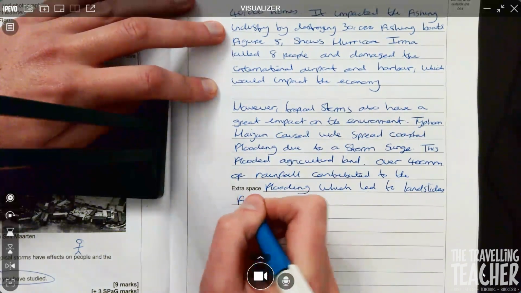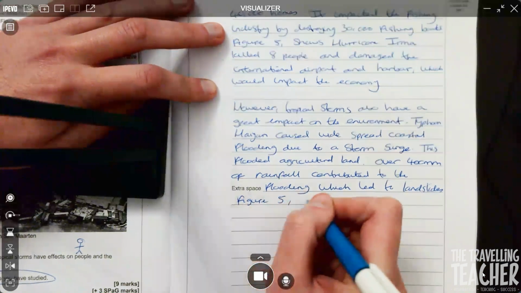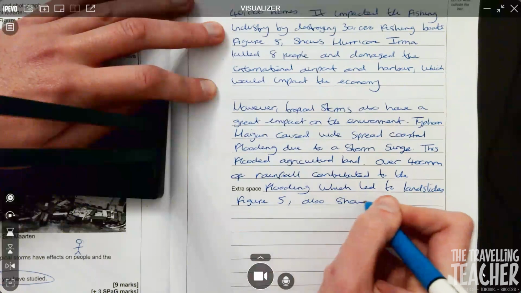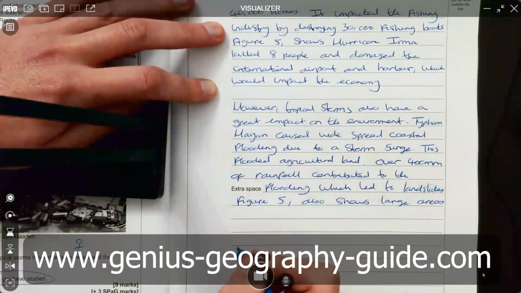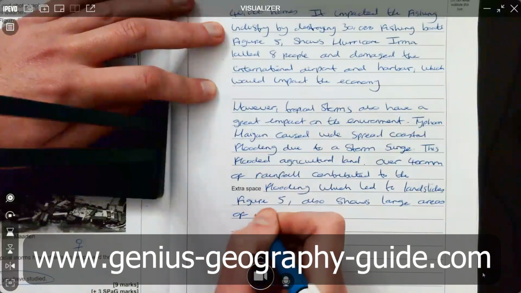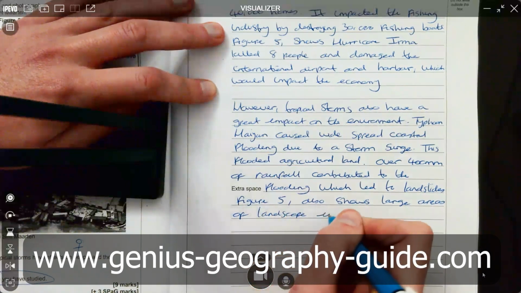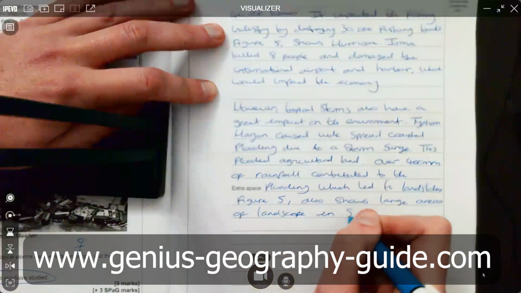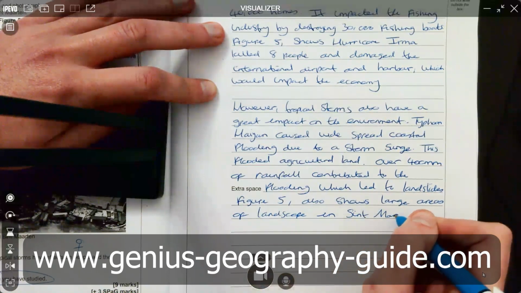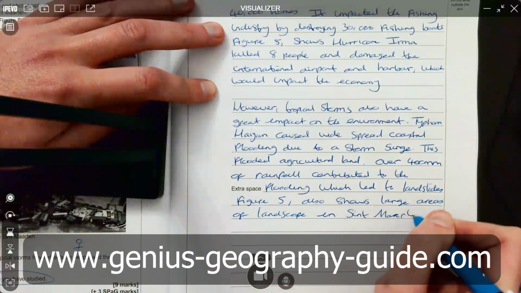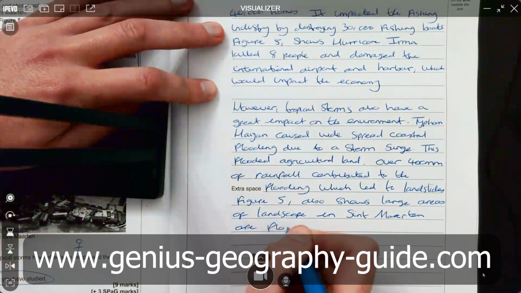Now we've got to refer to figure 5. Figure 5 also shows large areas of landscape in St. Martin are flooded.